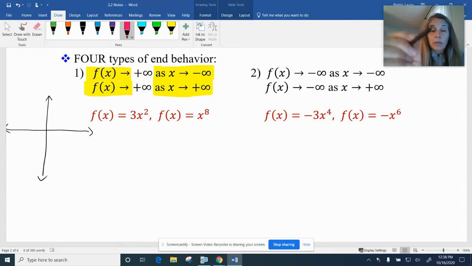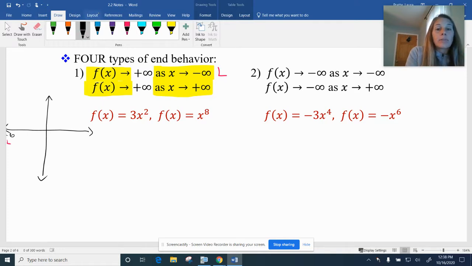Well, remember from the top part, as x approaches -infinity, that is basically a fancy way to say the left side of my graph. This is the left side over here. As x approaches positive infinity, so that's this side, that's basically just saying the right side of my graph. So what's happening to the two sides of my graph? So let's do this one first for an example.